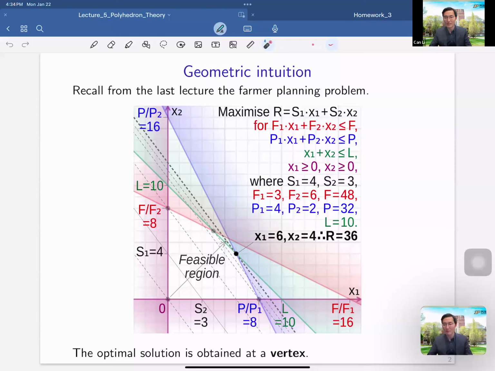Intuitively, for this problem, the optimal solution is obtained at a vertex, right? Usually in 2D, we call this a vertex. So in this lecture, we are going to talk about how to rigorously define what a vertex is mathematically, okay?